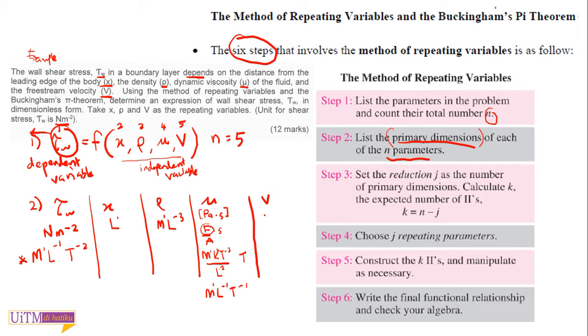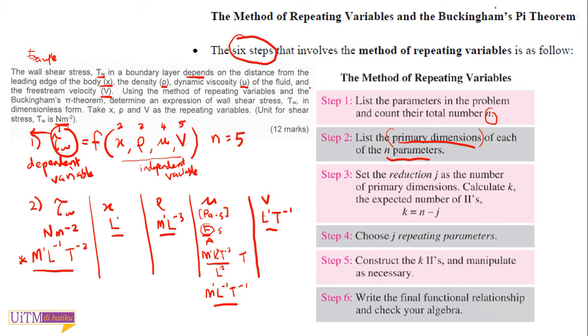So we will have L1 T minus 1. Okay, so this is the second step. You need to list the primary dimension in terms of M, L and T for each of these parameters.